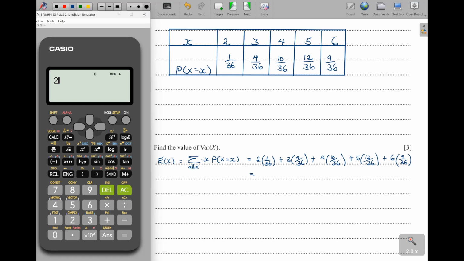I'm just going to add the numerators, okay, because the denominators are the same.